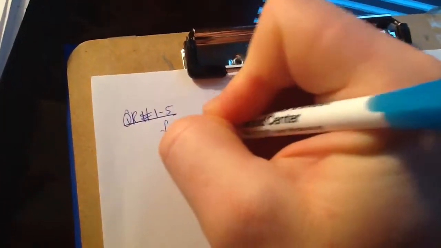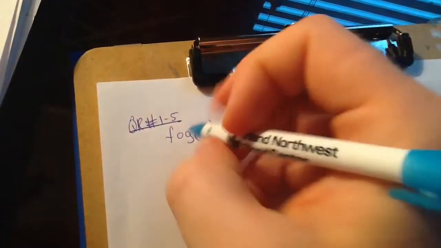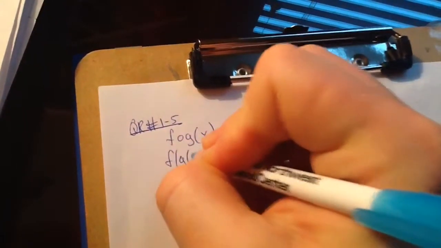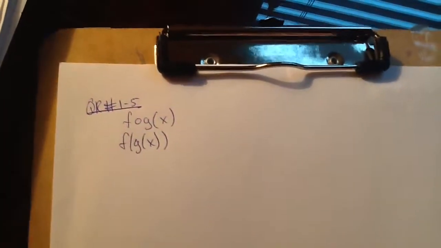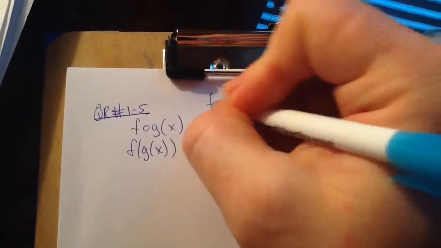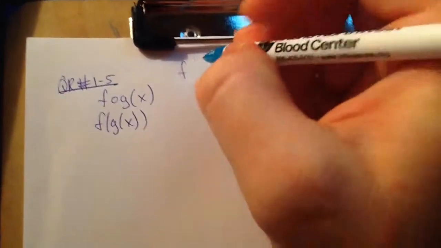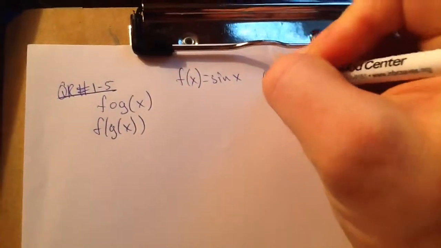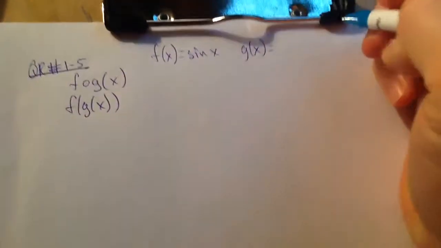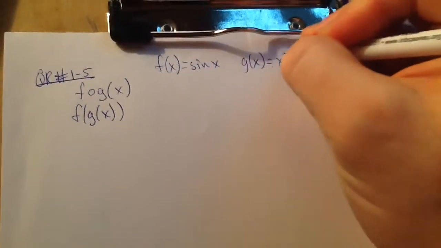That was just like when you did the quick review 1 through 5 yesterday. It's where you have a function inside of another function. So like on the one from yesterday, f of x was the sine of x, and g of x was x squared plus 1.